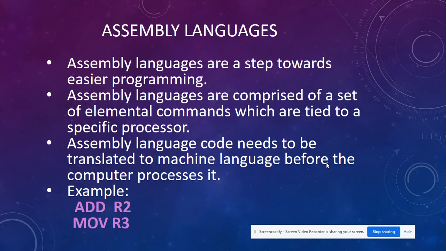Right now, you need to know what the programs look like. Add R2, that means add register 2. Move R3, which is move register 3. That's what these programs look like. Somebody not super familiar with assembly languages, this just looks like gibberish. It's like little three letter acronyms and an R2 or just a simple little place in memory.